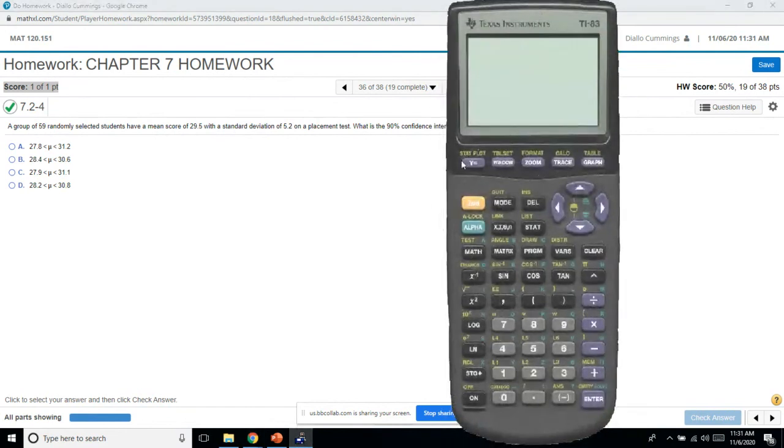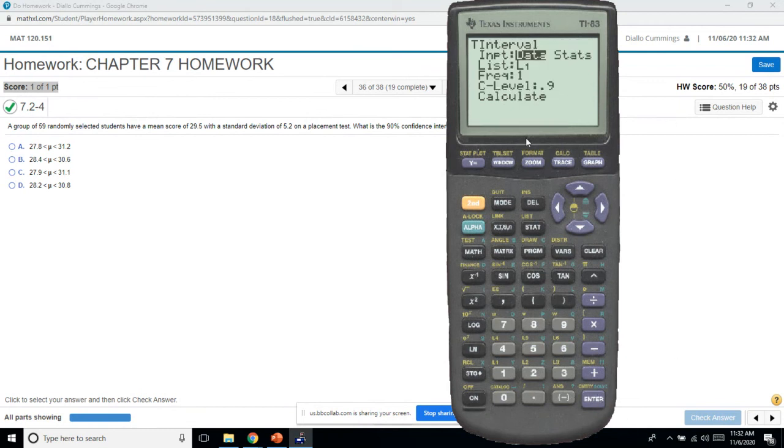I'll use the calculator that I have on the computer, and then we'll take a look at the TI-84. To calculate this T interval, I go to Stats and scroll over to Test. Notice I have a Z interval, and we would use a Z interval if the population standard deviation was known or assumed. Since we don't, we're going to use a T interval.